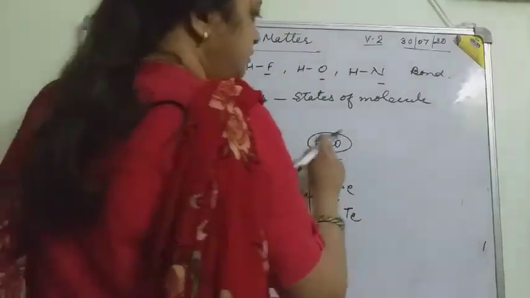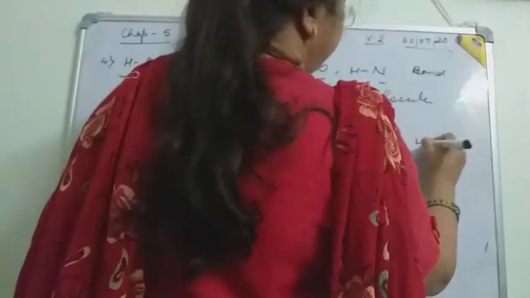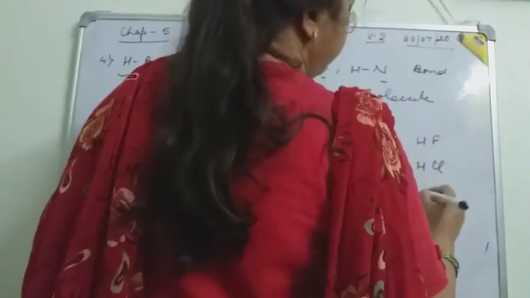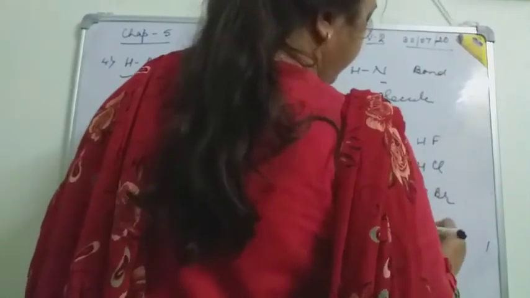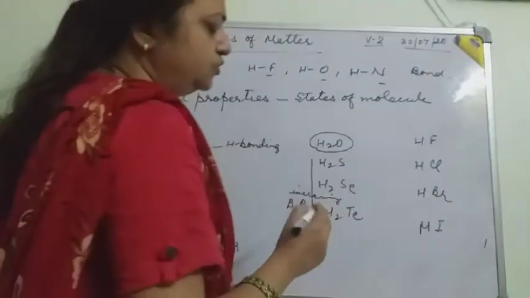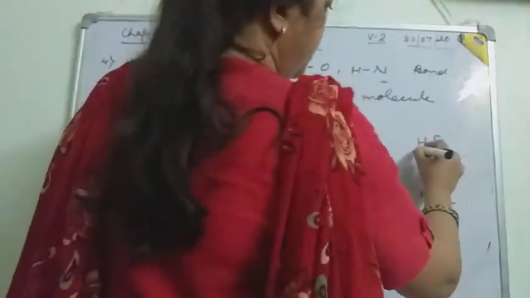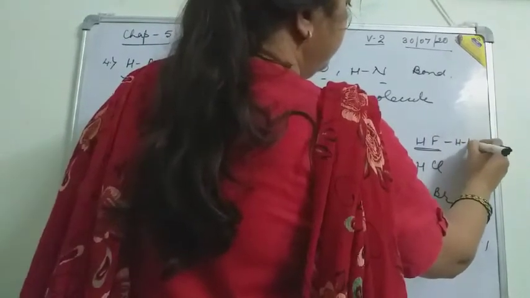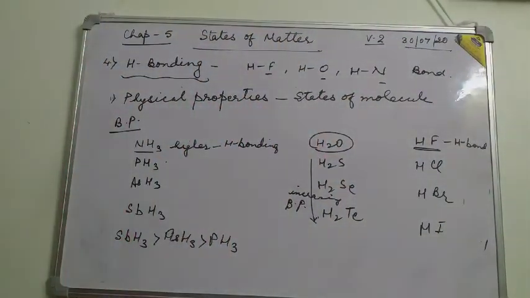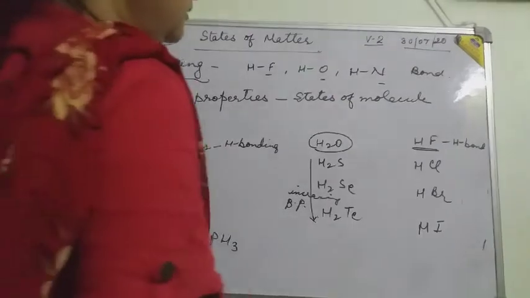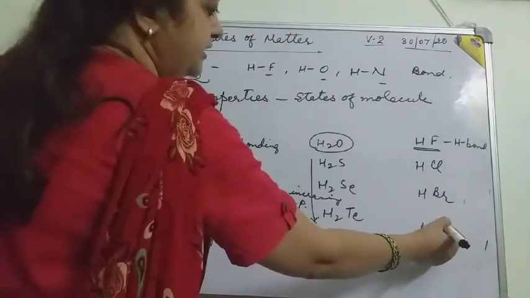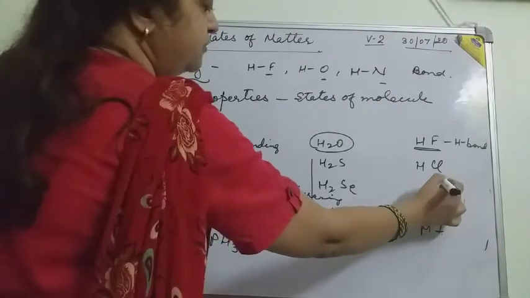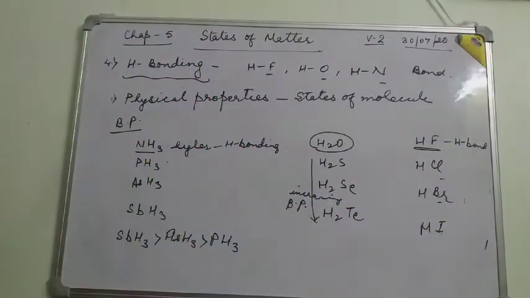Next is the halogen group: HF, HCl, HBr, HI. You all know that the bond in HF is very strong. Due to H bonding, the bonding in HF is higher than that of the others. HI is in solid form, HBr is a liquid, HCl is a gas, and HF has strong hydrogen bonding.